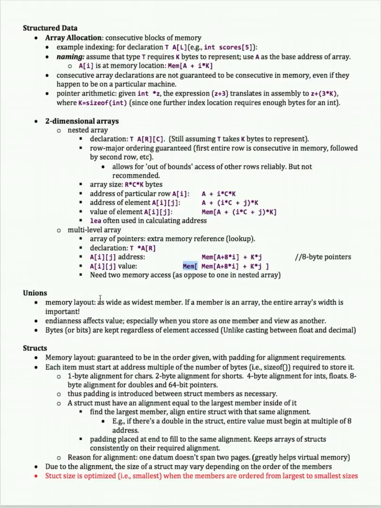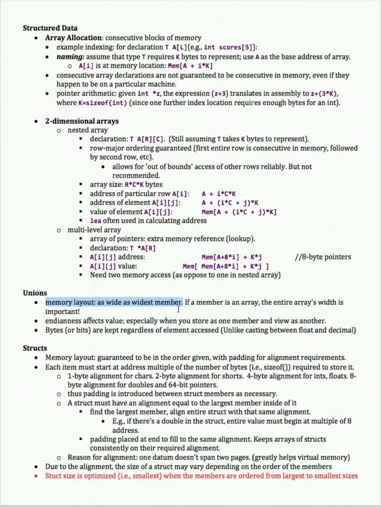Okay. And then we have learned unions, right? Where in unions, members or elements actually share the same memory space. And the size of the union is the size of the biggest member.